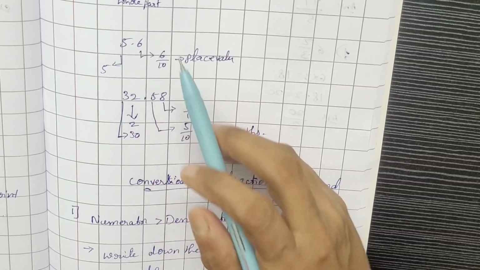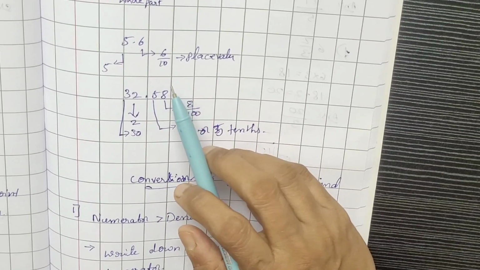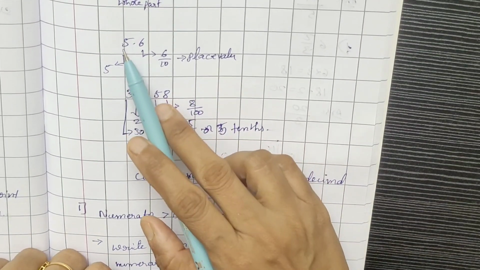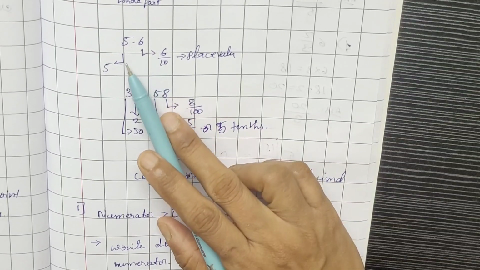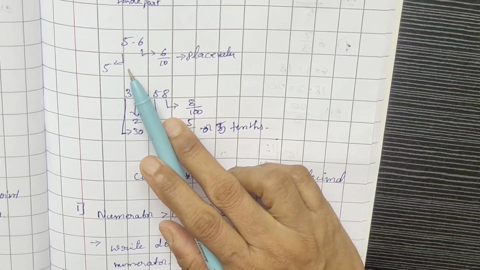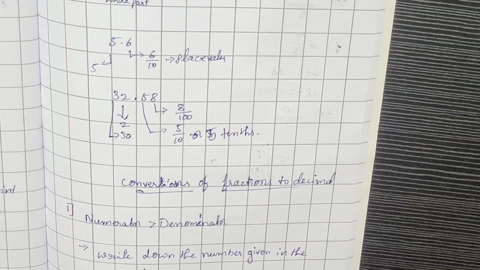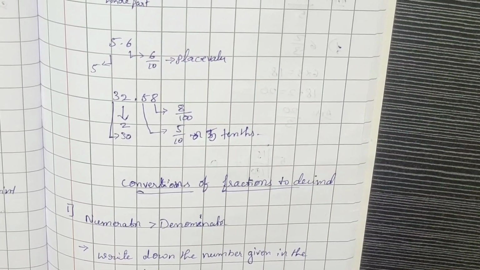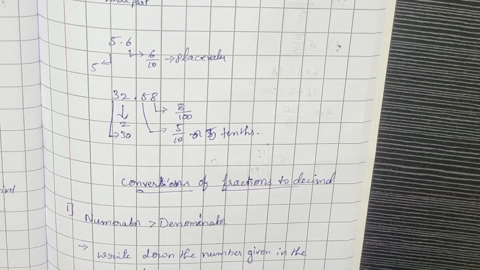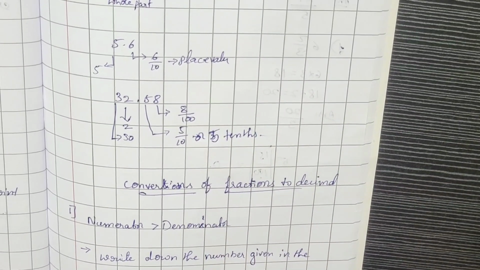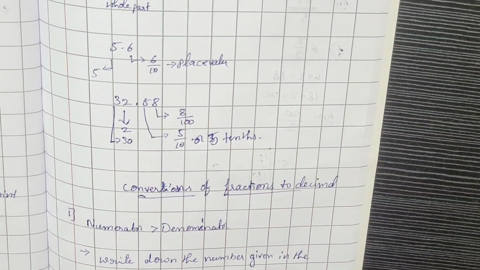Here, 5.6. Another example. The place value of 5 is 5. Okay? 6 is 6 by 10. That is the place value of 6. Next, 32.58.